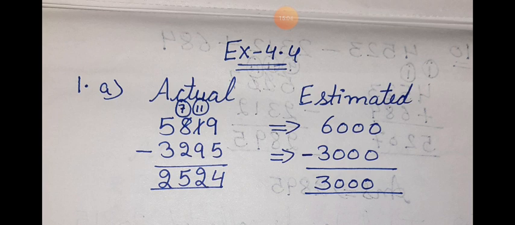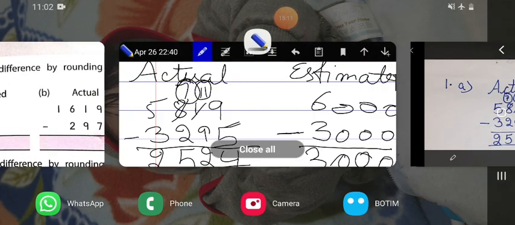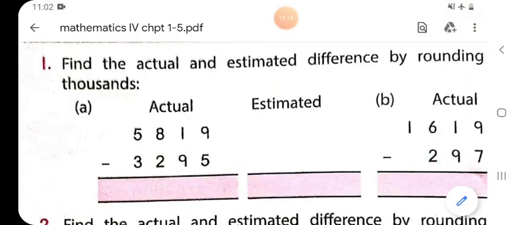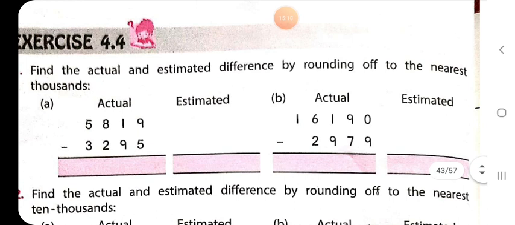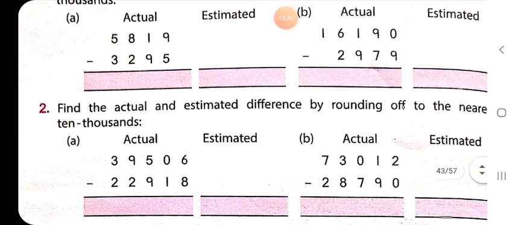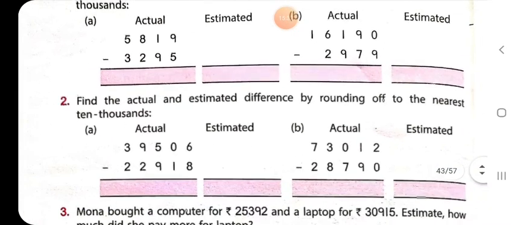This is how you are going to estimate this sum. Now moving to the next question of the same exercise. There is also one more part of sum number 1, that is B part. That sum you will do yourself. If you are having any query, then WhatsApp me in the WhatsApp group.